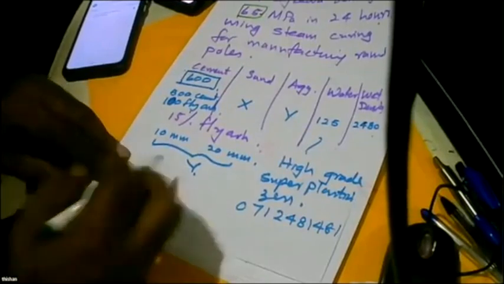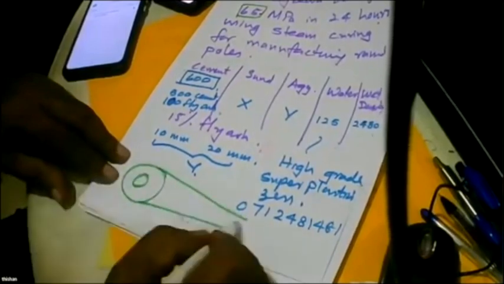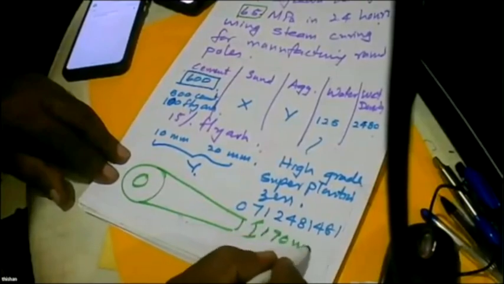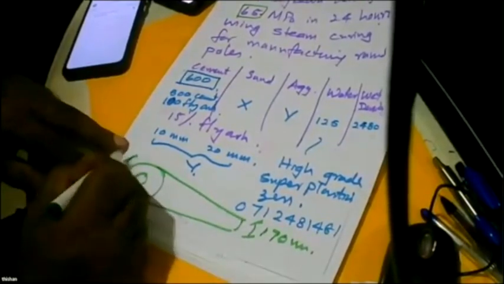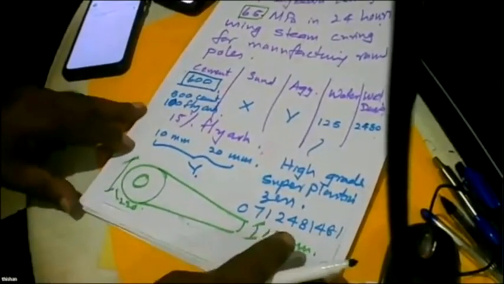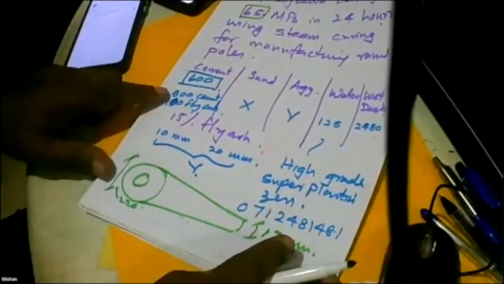And because these are very small poles, hollow poles, and on this side it may be about 170 millimeters, here it may be about 220 millimeters, very small. So you don't have to worry about DEF due to high cement content, but when you are doing the steam curing, you have to control the temperature.